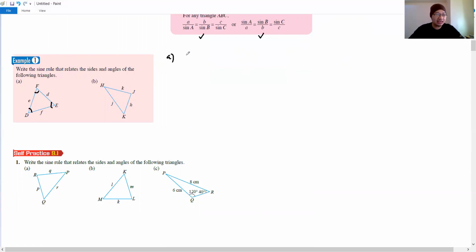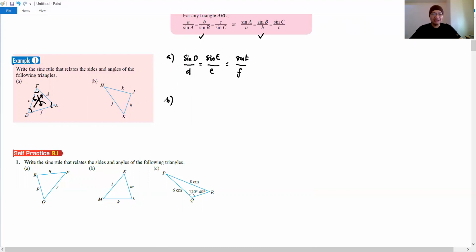So sine D over the opposite of angle D, which is small d, equals sine E over small e, the opposite of E, you see, very easy to find the relationship, and equals sine F over small f. Okay, settle the first part.